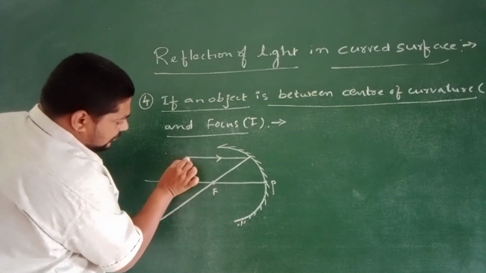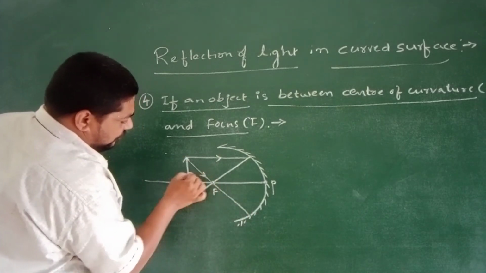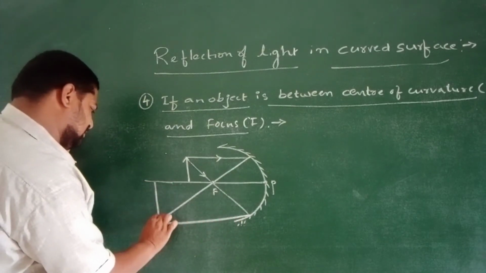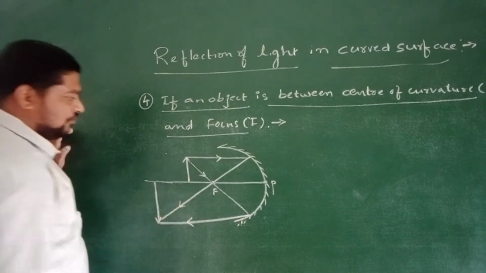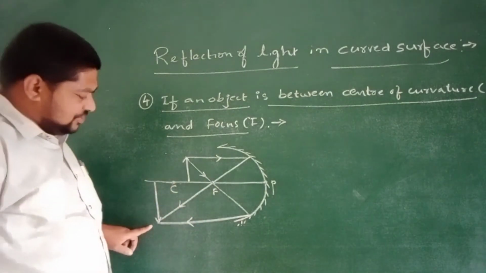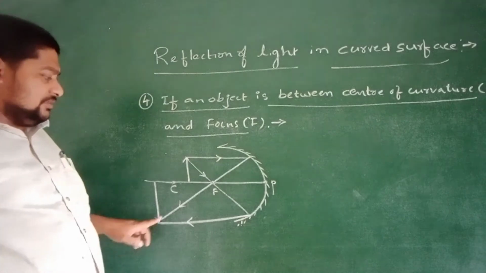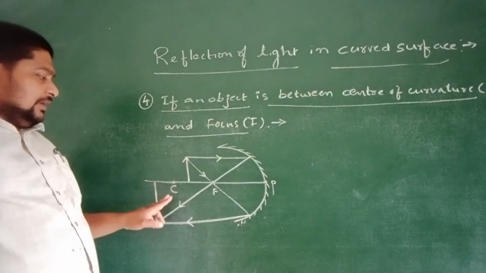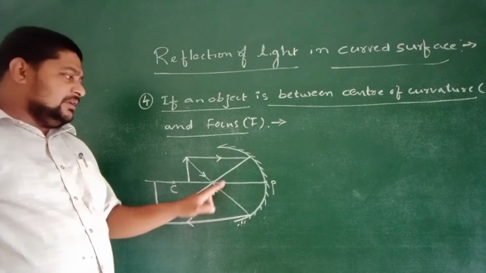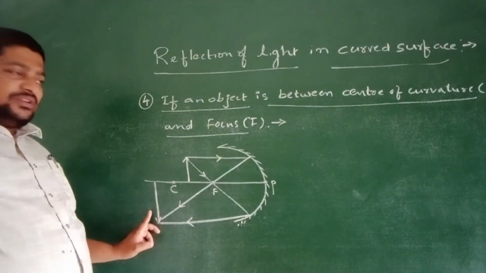Another ray passing through focus is parallel to the principal axis. Image formation: here the center of curvature. Image formation beyond center of curvature. See, if an object is between center of curvature and focus, the image is formed beyond center of curvature.